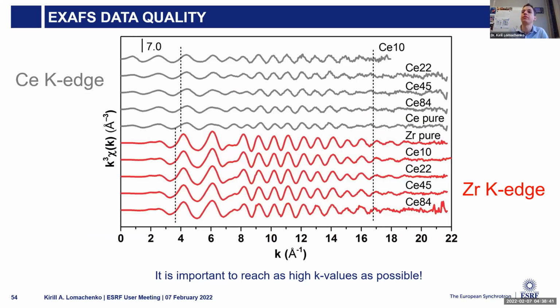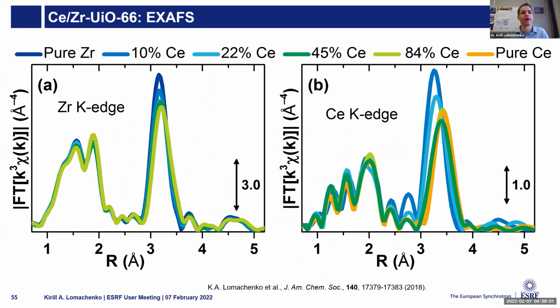Ranging from pure compounds, and also those that have 10, 22, 45, 84% of cerium. And we measured them at both zirconium K edge and cerium K edge. So the same compound was measured at two different edges. And here are the data.